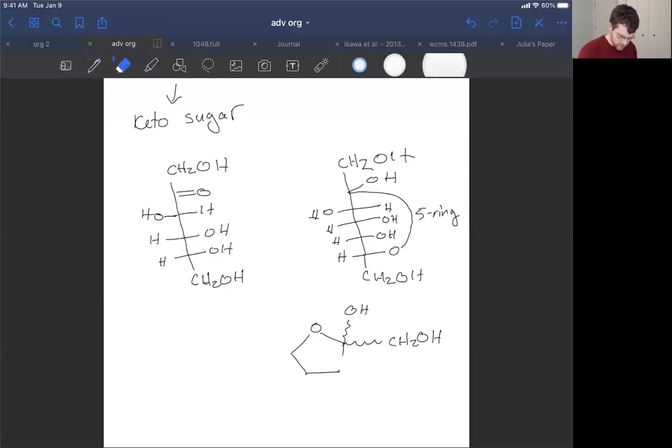I crossed my wires with a different way of representing these. So here the OH is a wedge, the OH is a dash, and then a CH2OH is a wedge.